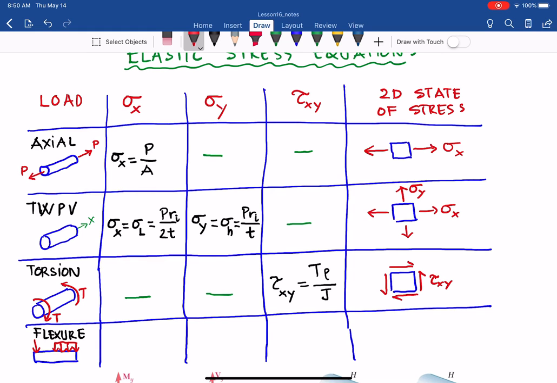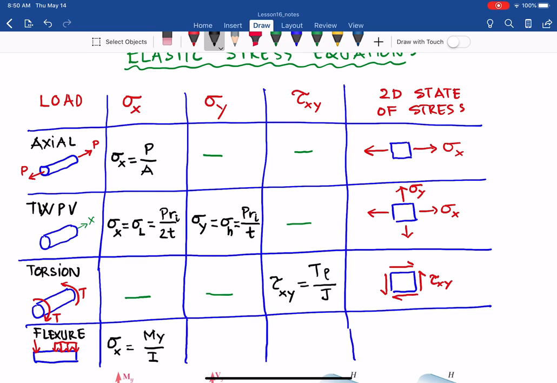For the internal bending moment, it will create the normal stress along the x-axis. So sigma x equals My over I, and we get the maximum at the outermost fiber for the normal stress. If the moment is about x, then it only creates the stress along x.